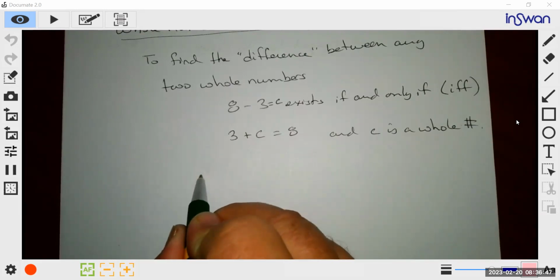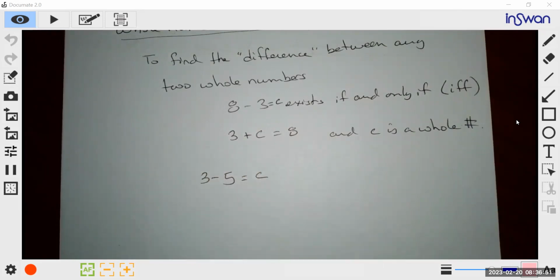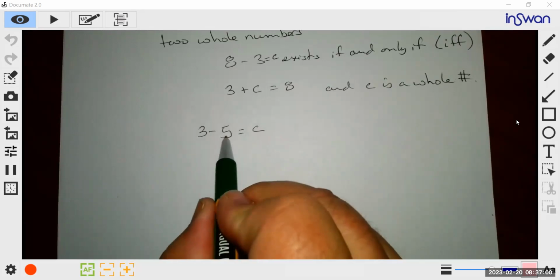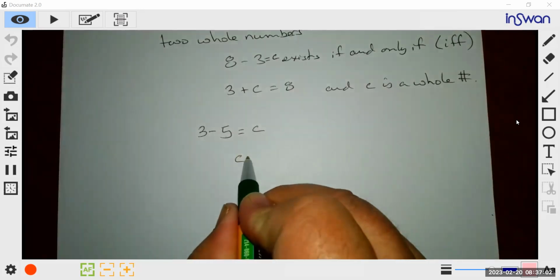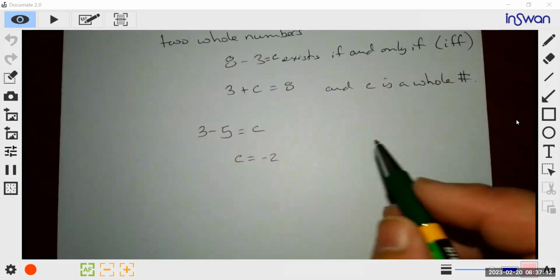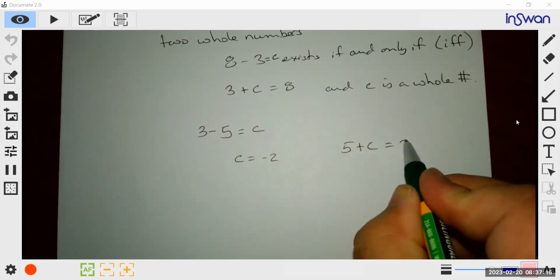Let's look at this one. Is there a number C that will satisfy this equation? For the negative, since 5 is bigger, that means C has to be -2, because 5 plus C has to equal 3.